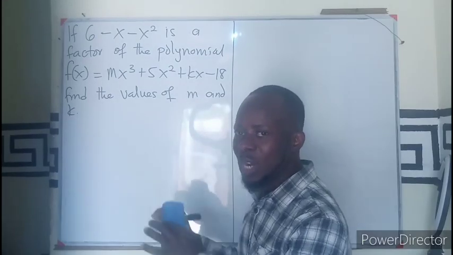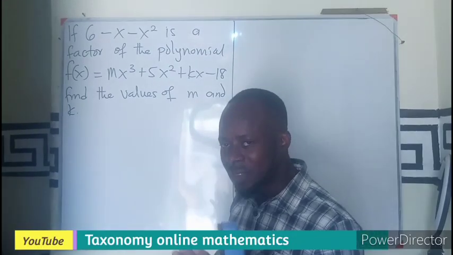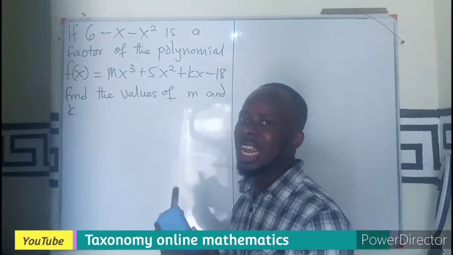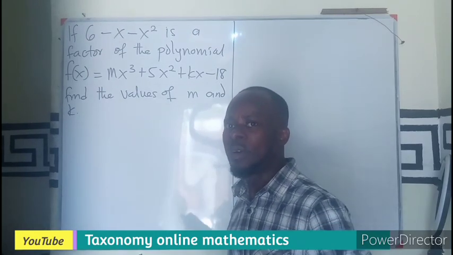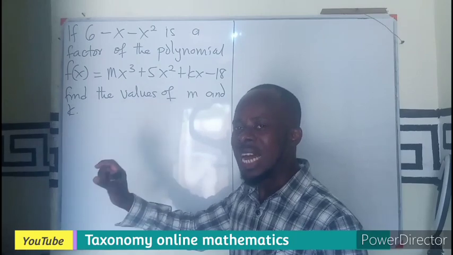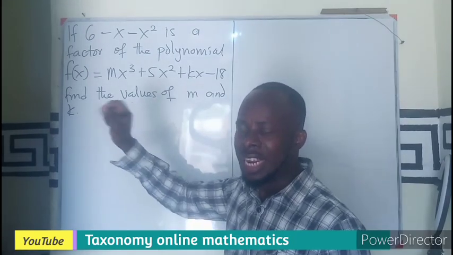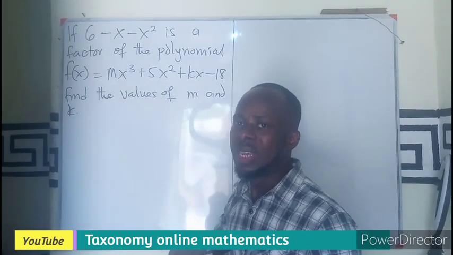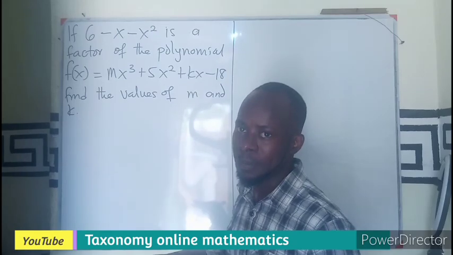We deal with the factor theorem, saying that if a particular linear function is a factor of a polynomial, then it means that the zeros of that linear function will also be the zeros of the polynomial.